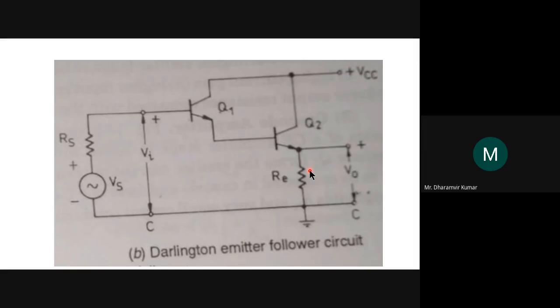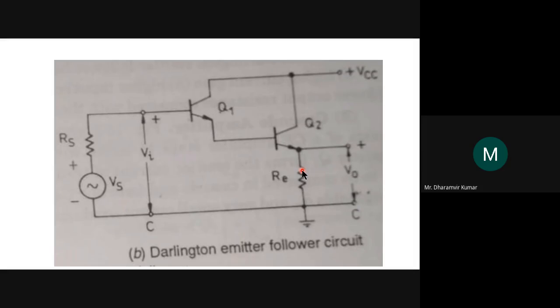So whenever you see this Re in the emitter branch, you understand that particular circuit is a stable one. And the reason is that the insertion of Re here gives us the benefit of using negative feedback, and we know that negative feedback makes the circuit more stable.